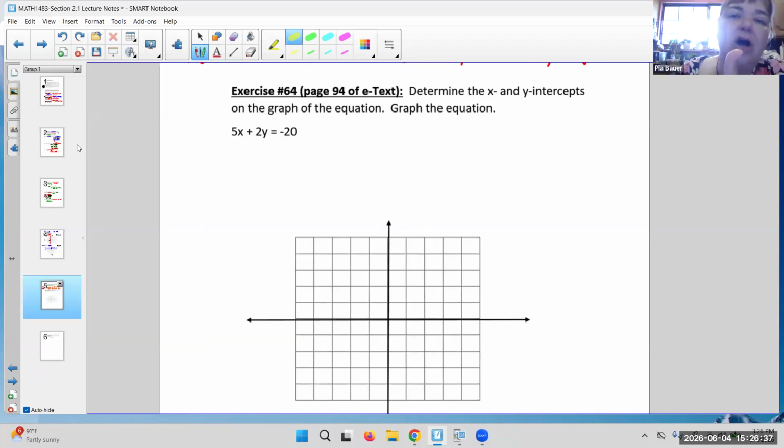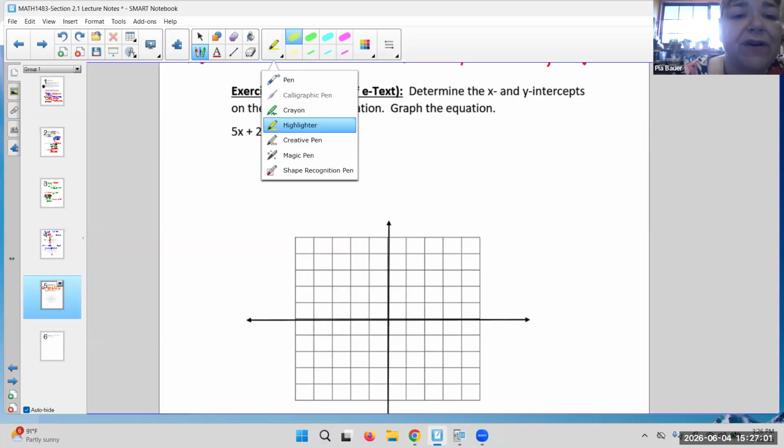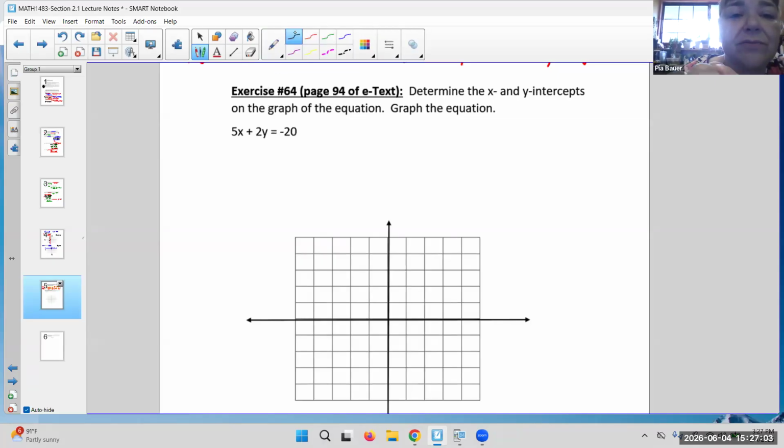And so this may not necessarily be a graphing calculator type of question, but it is a graphing question. Notice that it is in standard form. So it's actually very common that they give you a linear equation in standard form, but you don't have to necessarily isolate the y or change it to another form if you're just finding the intercepts.